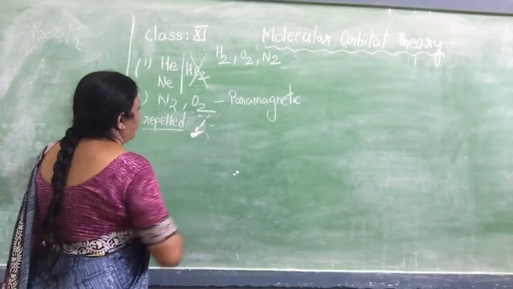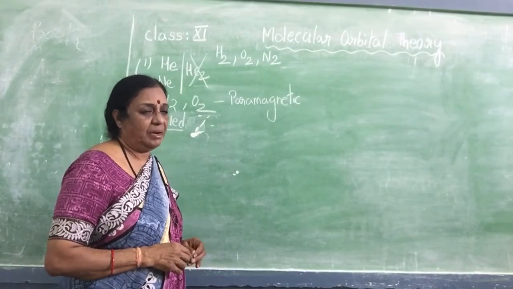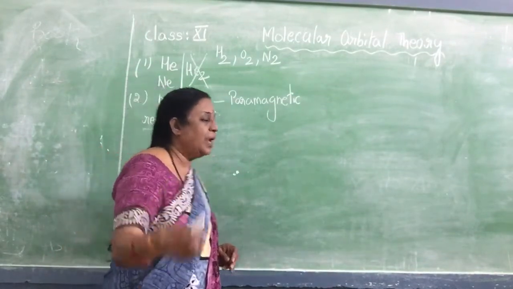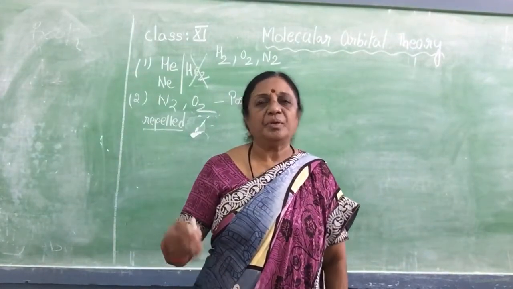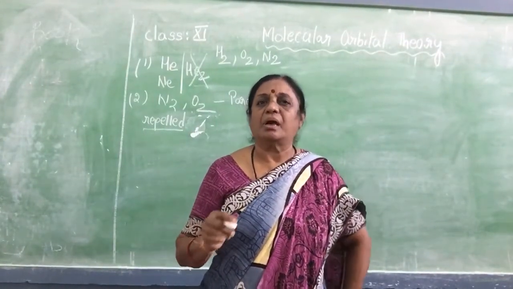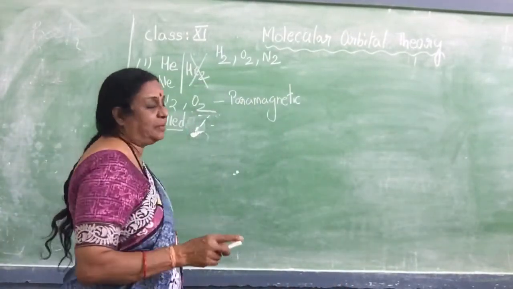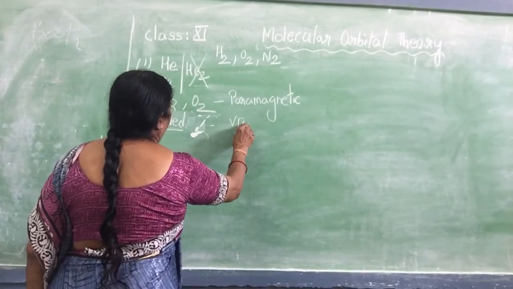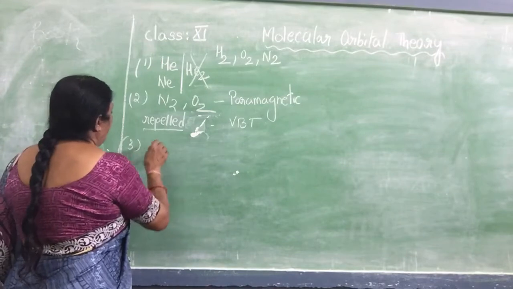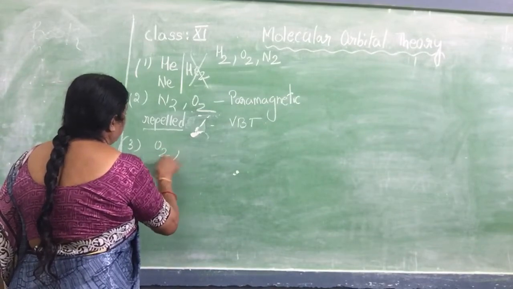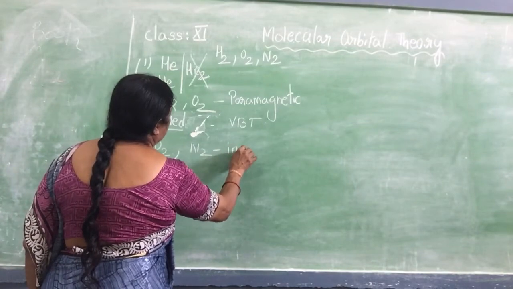O2 is attracted by the magnetic field, N2 is repelled by the magnetic field. What is the reason? Again you approach the valency bond theory. The valency bond theory could not explain this question. So this is the second drawback of the VBT, that is valency bond theory. The third question, children: oxygen is highly reactive, whereas N2 is chemically inert.